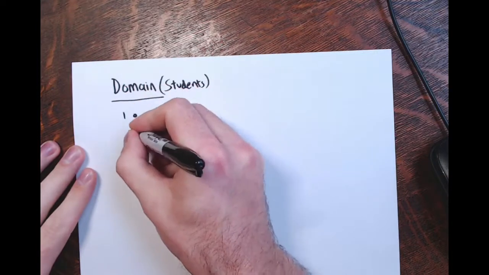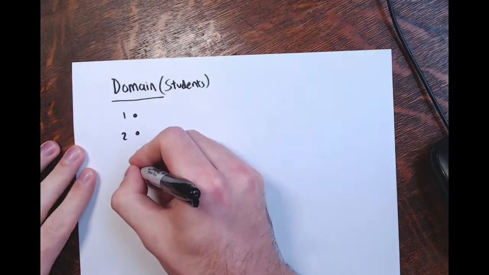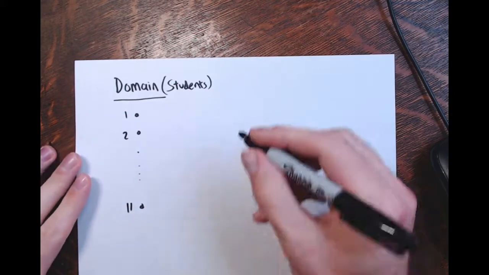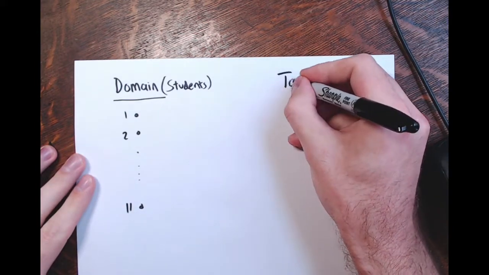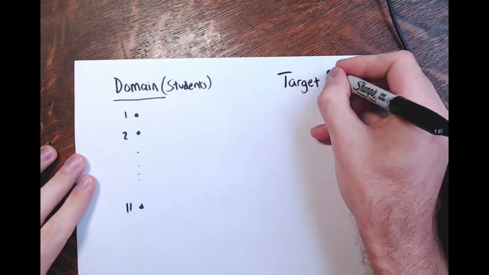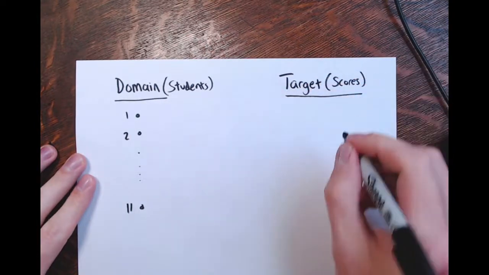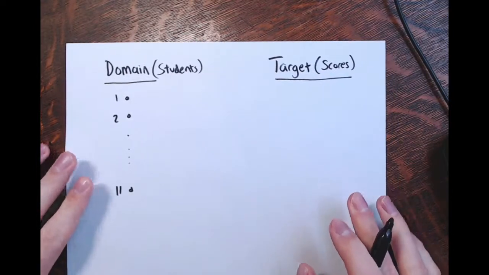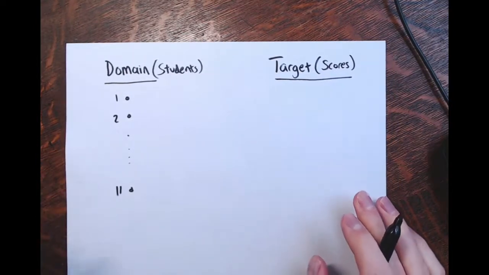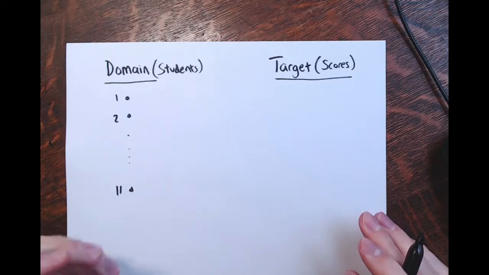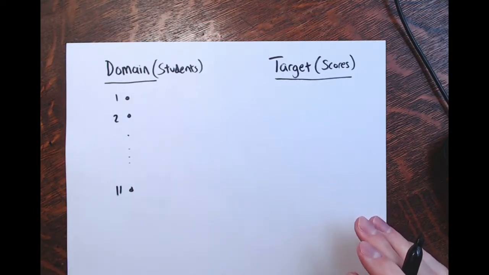So student 1, student 2, right down to student 11. And the target are the possible scores on this quiz. Now, the quiz is worth 10 points, and it said no partial credit is given. And it also said every student received a score that is an integer.